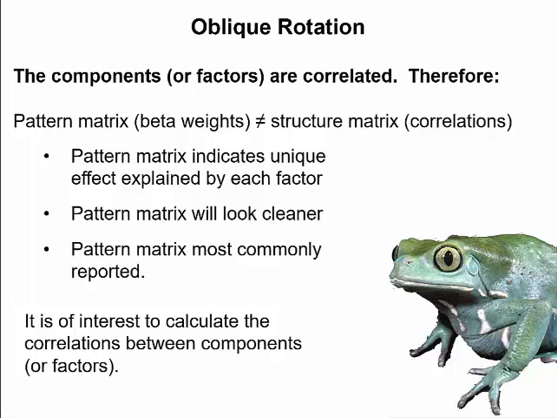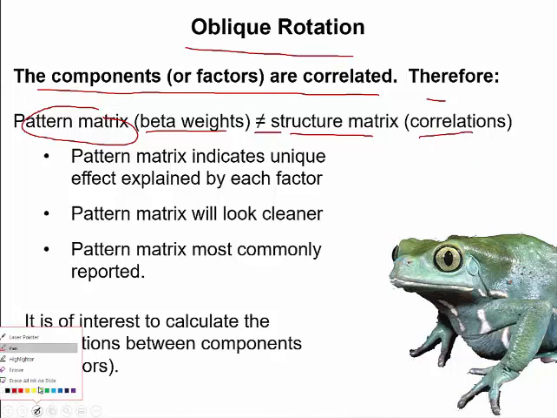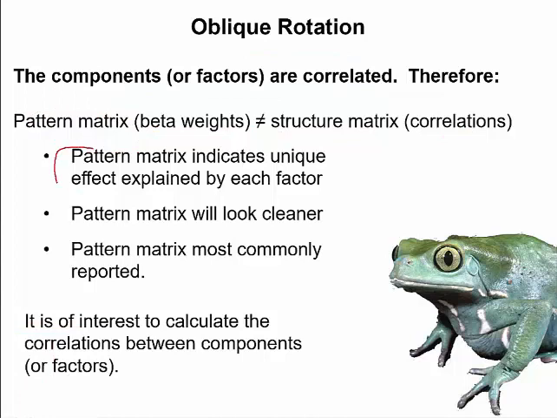And to summarize further, when we do oblique rotation, our components or factors are correlated. Therefore, the pattern matrix, which is made up of beta weights, will not equal our structure matrix, which is based on correlations. And our pattern matrix is the one that indicates the unique effect explained by each factor. How much does each factor or component explain unique variance in the items after controlling for the other factor or the other component?